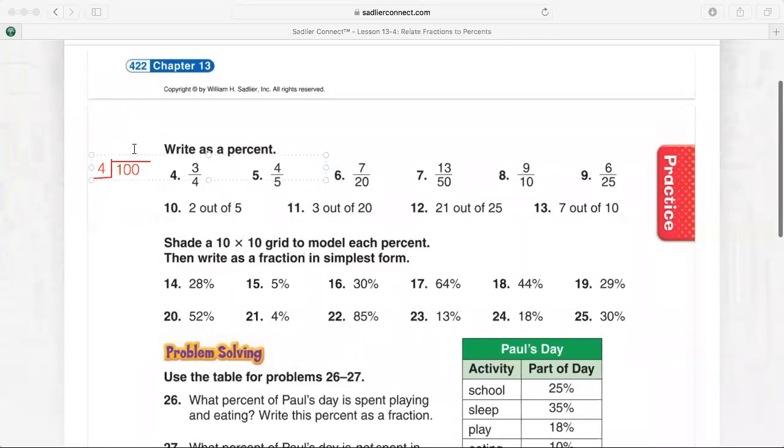Do I have 1 as a product in the multiplication table of 4? No, I don't have. So I will write here 0. Then I will take 10.